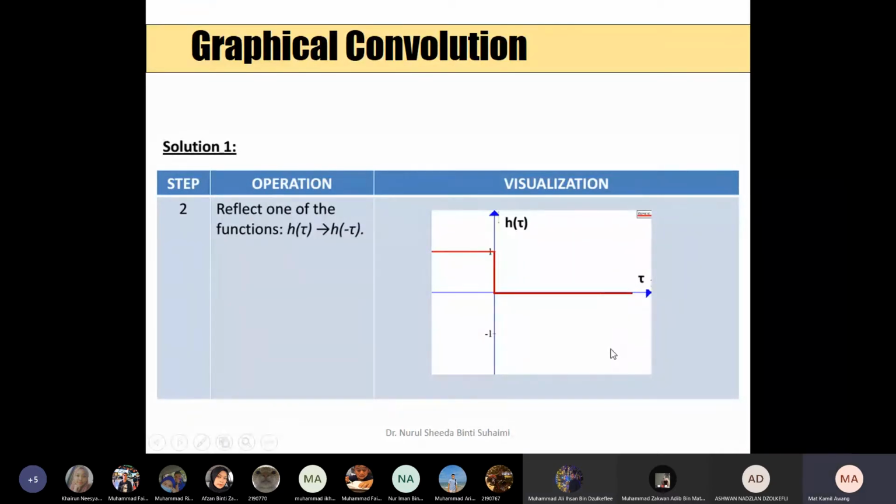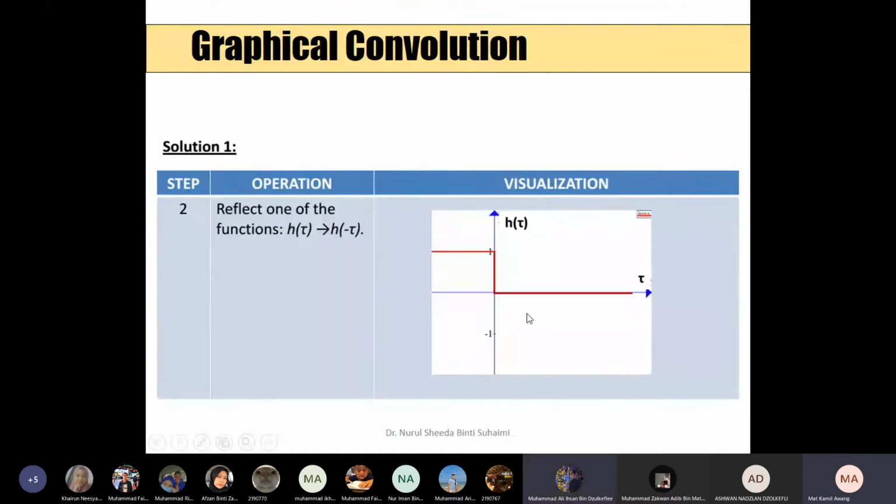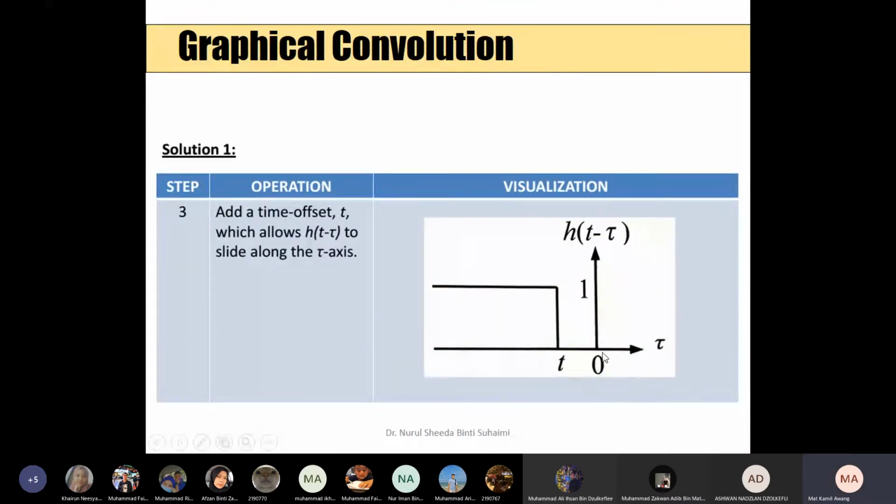Third step, you shift by the time offset t, so it becomes t minus tau. Just now it started to change at 0, but now you shift by t, so now it starts from here instead of here.